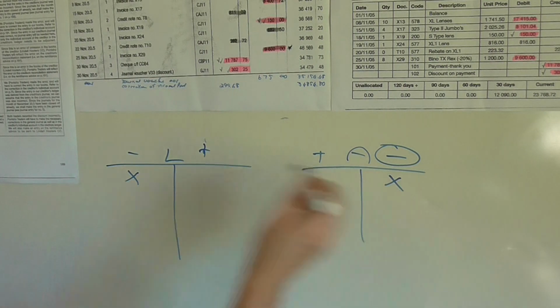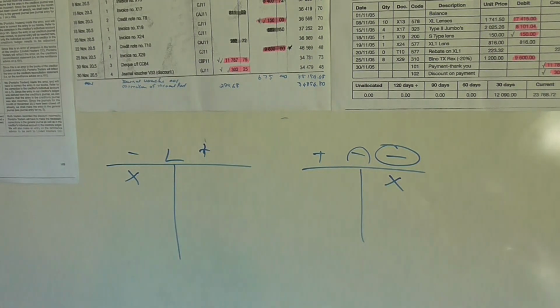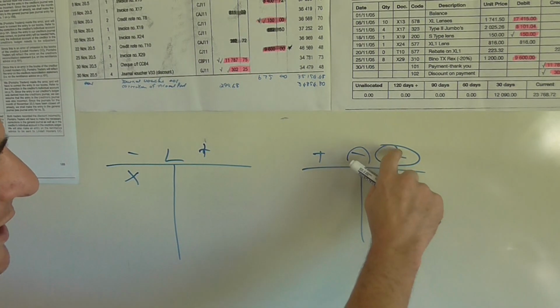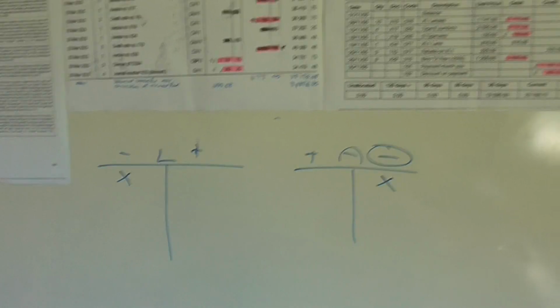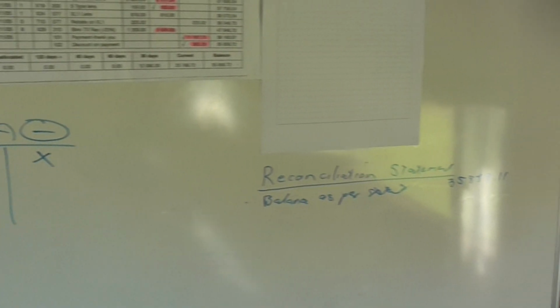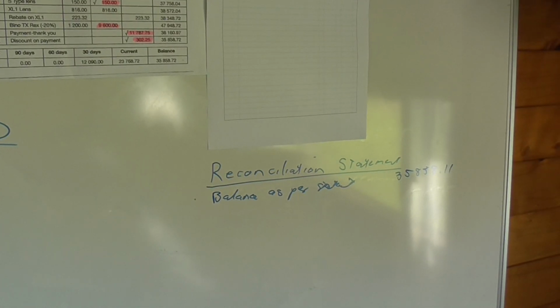The amount of a credit note gets credited to your creditor. Okay, so in other words, it gets debited. So in other words, it decreases. So now, when we read it in to our reconciliation statement, we need to remember that it decreases.